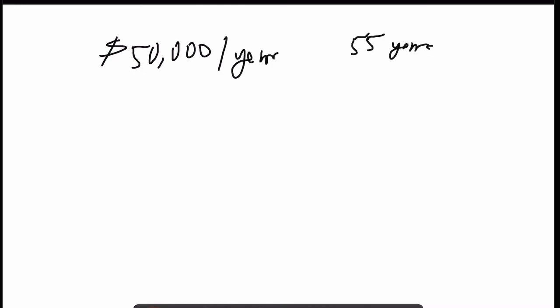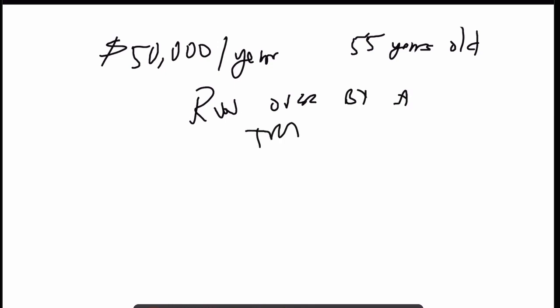And you're like, okay, tell me about this dead person. Well, this dead person was making $50,000 a year. They were 55 years old, and they were run over by a train. Wrongfully killed. Not rightfully killed, but wrongfully killed. Okay?